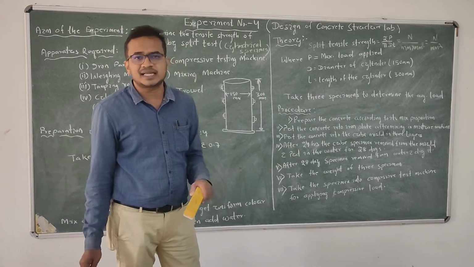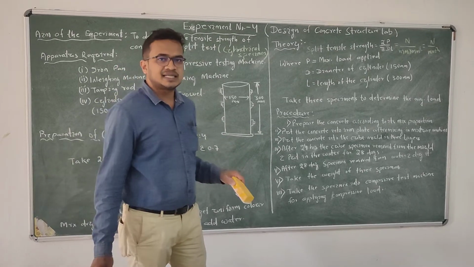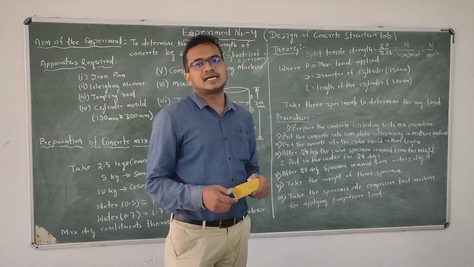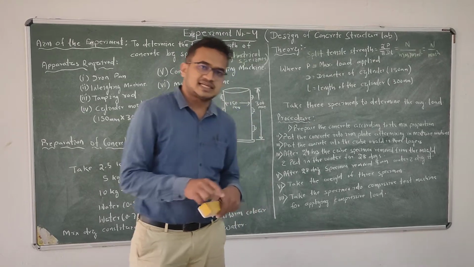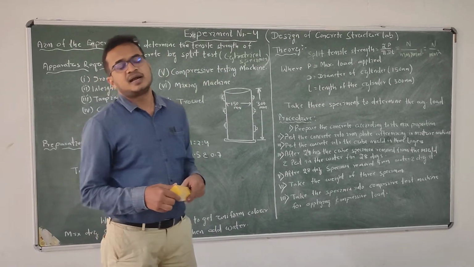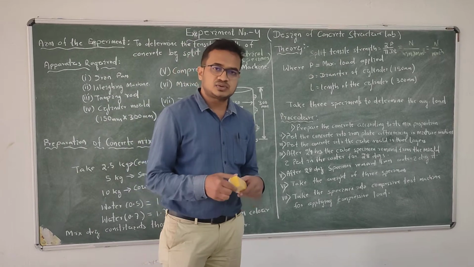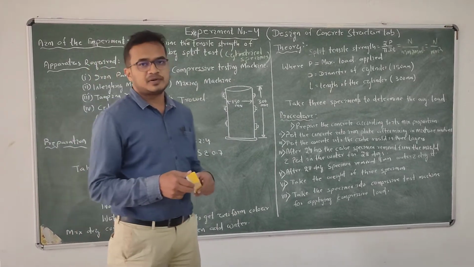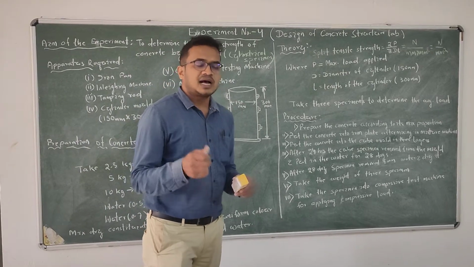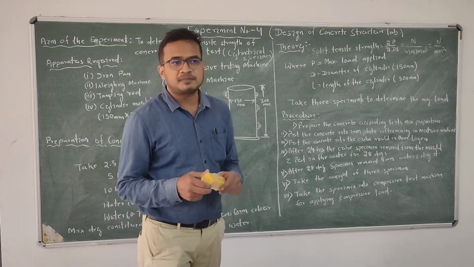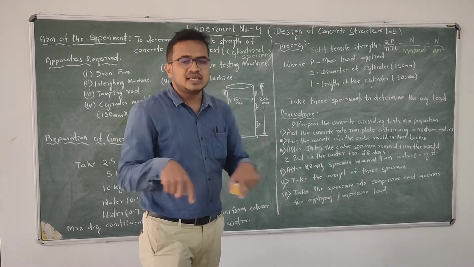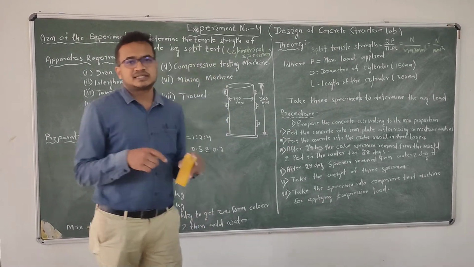After getting the concrete mix in the iron pan, we have to place the concrete in the cylindrical mold in 3 layers, and we have to apply 25 strokes with the help of a tamping rod, uniformly distributed throughout the cross section of the cylindrical mold.